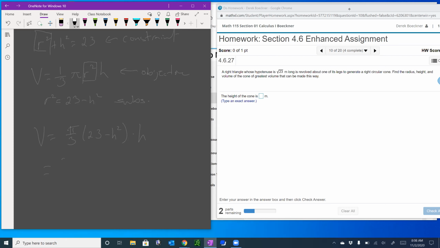Okay, so we got 23 pi over 3 h minus pi over 3 h cubed. So V prime is going to be 23 pi over 3 minus pi h squared. So we set that to 0.